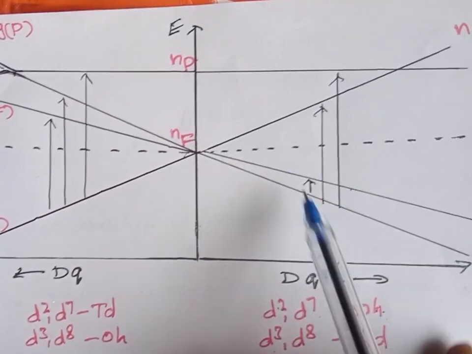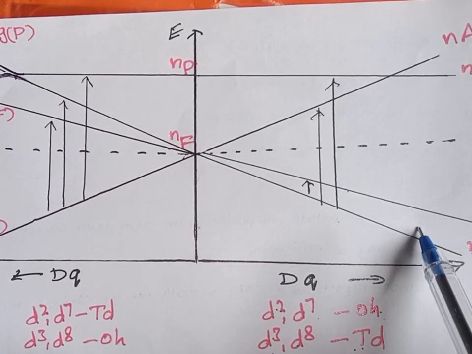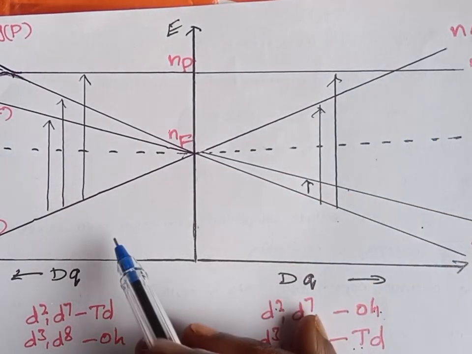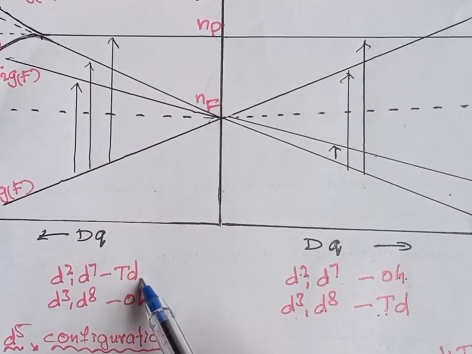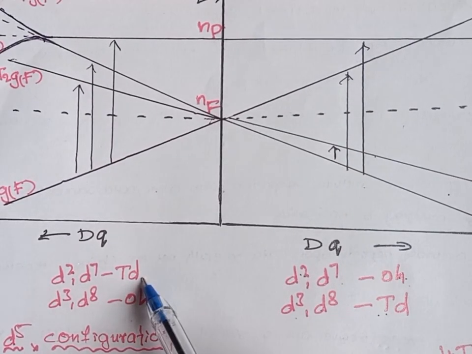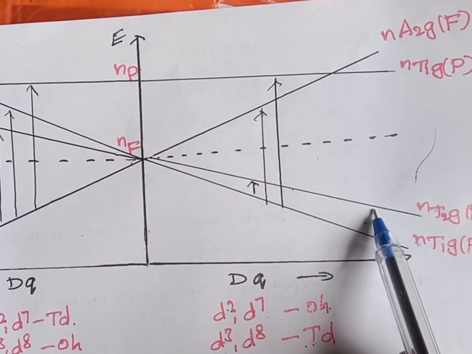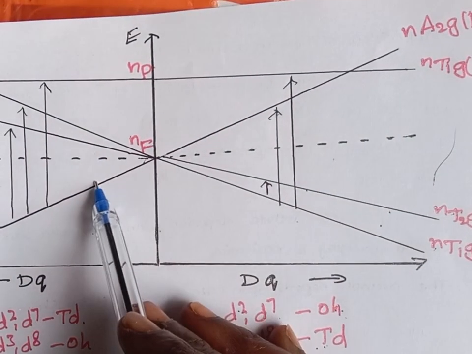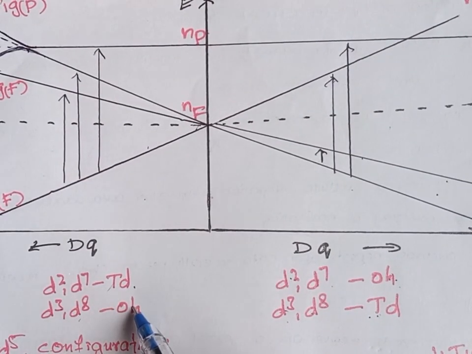So the reverse splitting of D2, D7 octahedral will be D2, D7 tetrahedral. Clear? The reverse splitting of D3, D8 tetrahedral is D3, D8 octahedral splitting.